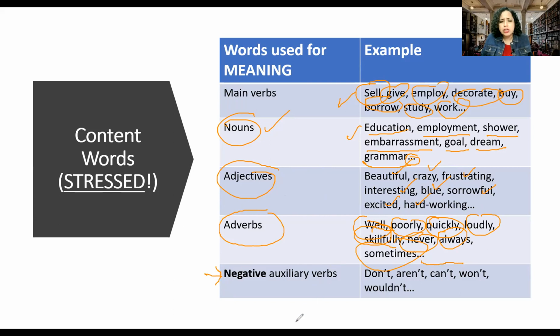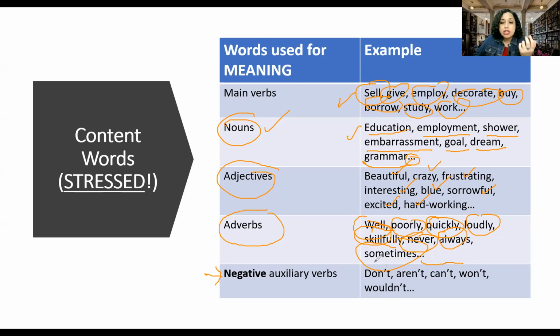When you are talking about the negative auxiliary verbs, you have to stress them because that's the way that you're making the sentence negative. If you don't stress that part of the sentence, you may end up with the wrong idea, with a misunderstanding of the idea that you are trying to deliver.